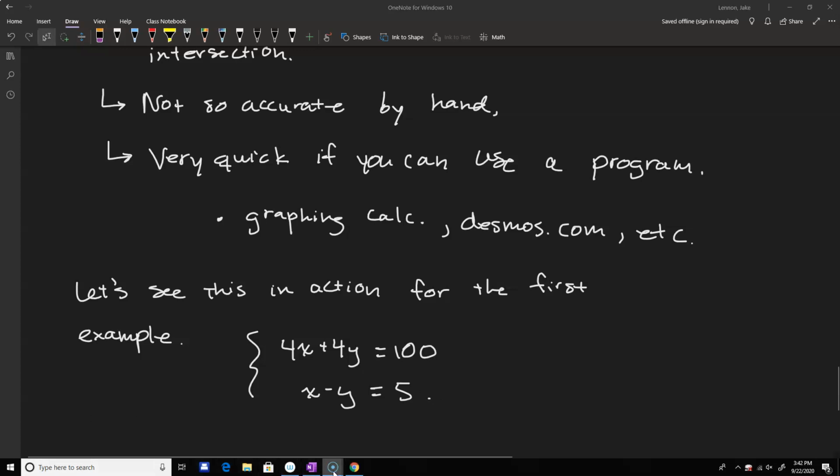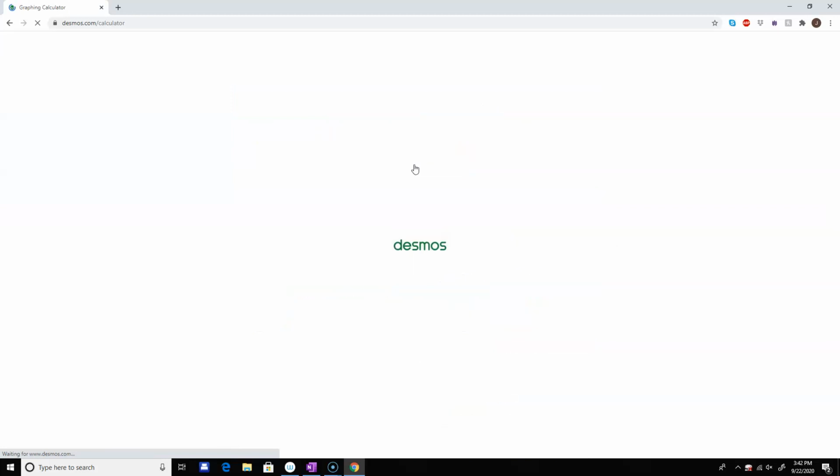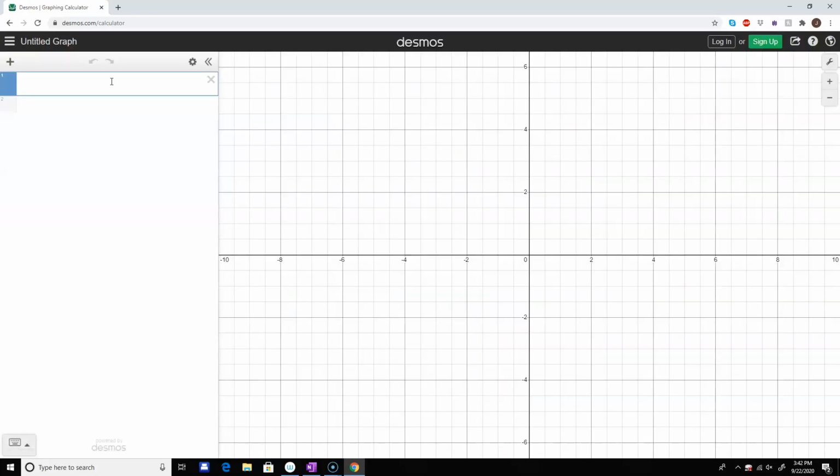I've got desmos.com open here, and you can just go to the graphing calculator. It's a nice graphing calculator program. All we have to do is type in both of those equations: 4x plus 4y equals 100, and also x minus y equals 5.